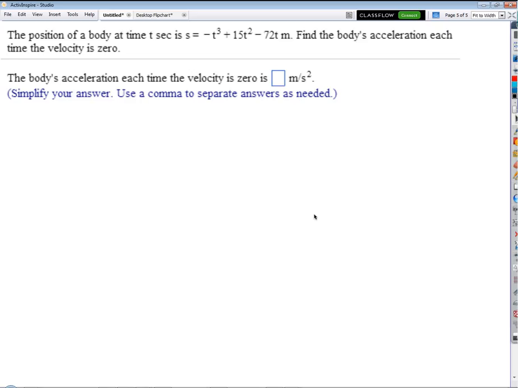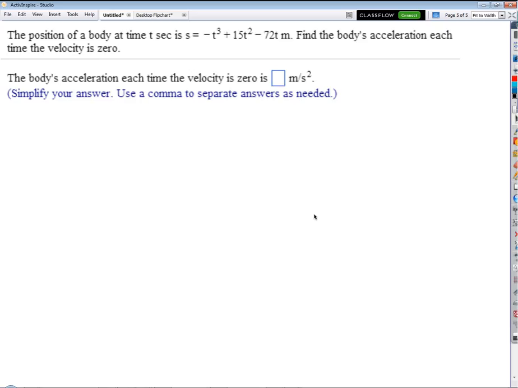When the velocity is equal to 0, I'm just setting v equal to 0 and solving the equation. So we're solving for t. We're asking the question, when does that happen? Now we've got a quadratic equation in terms of t, so by solving for t, I'm really answering the question, when is v equal to 0? That allows me to find the 2 times.